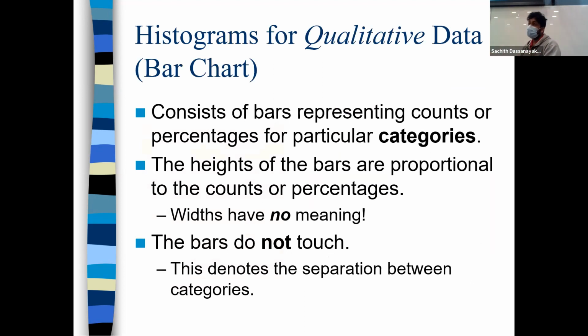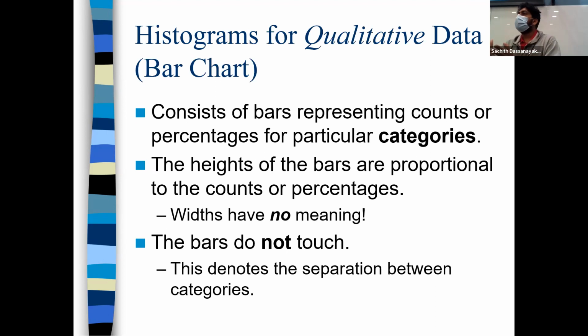When we go to qualitative data, it is a little different. Qualitative data is non-numerical, and we use bar charts. It's a kind of histogram, but the difference is that between bars we now have small, equal gaps. Others are the same.